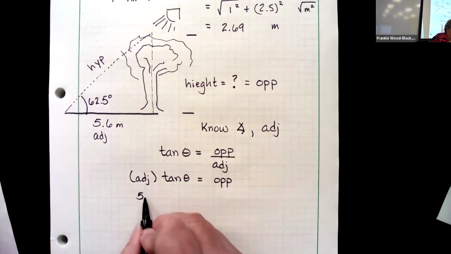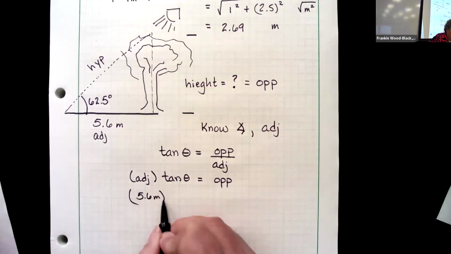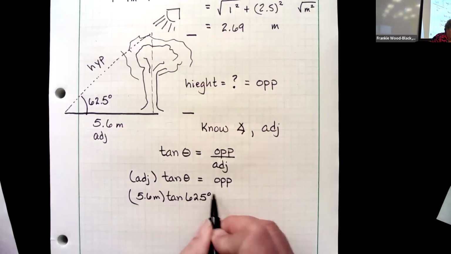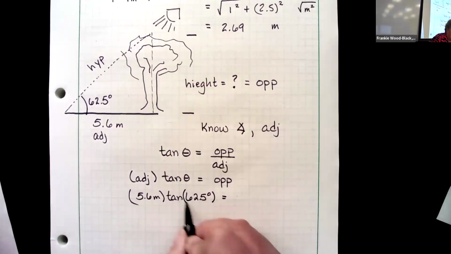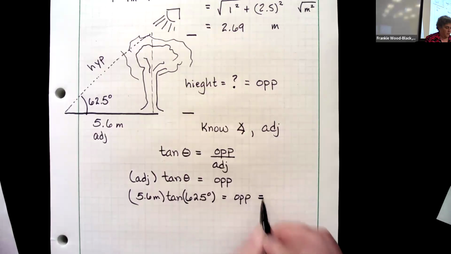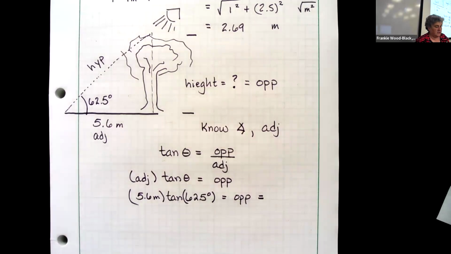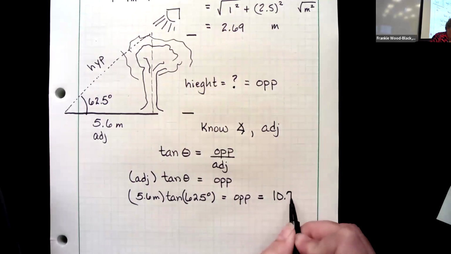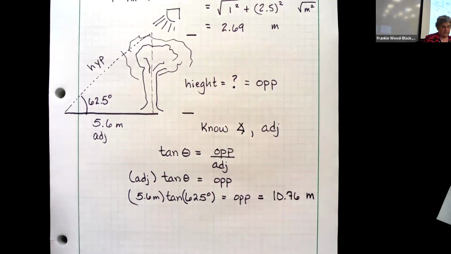I'm going to do my 5.6 meters times the tangent of the angle 62.5 degrees. That's going to equal my opposite, which is what I'm trying to solve for. And what I do is I do my tangent first in my calculator. Then I multiply that by my 5.6 meters, and I'm going to end up with 10.76 meters for the height of my tree.